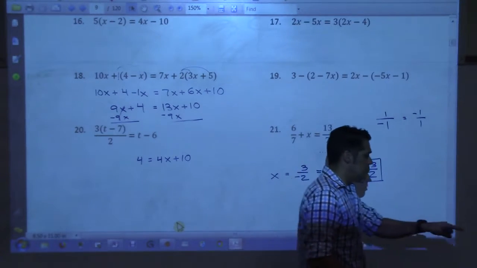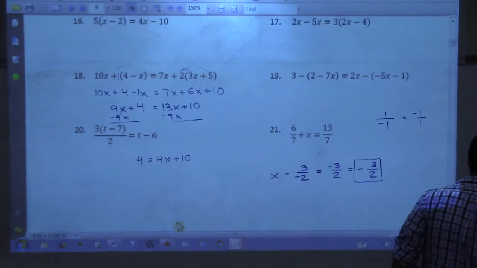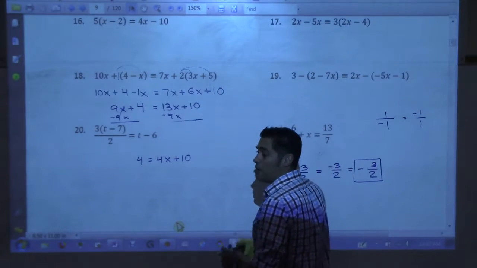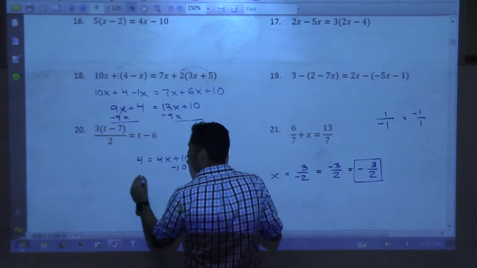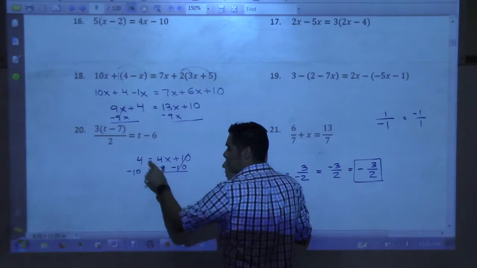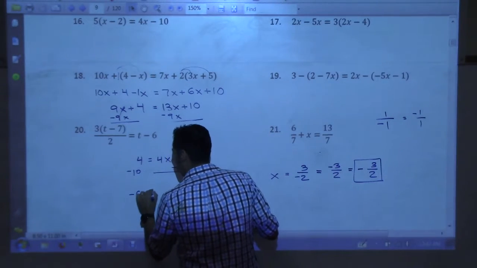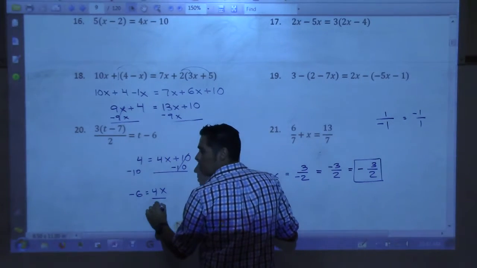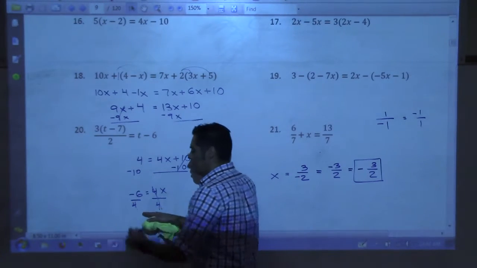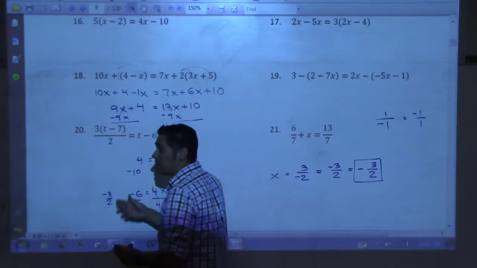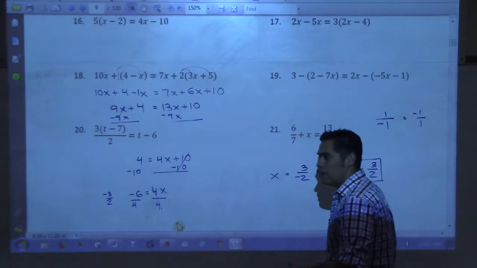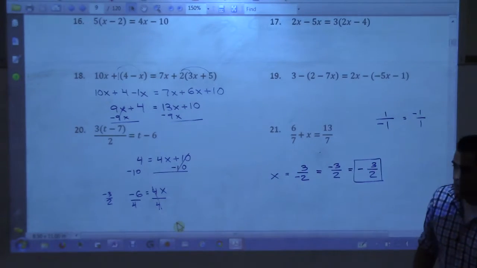Go ahead and just take a marker and put that in. Okay, minus 10, both sides. And then negative 6 equals 4x. Divide by 4. Reduce that fraction, you get negative 3/2. See, that's the same thing. So there's good news with that, because either way, you're going to get the same answer, right?